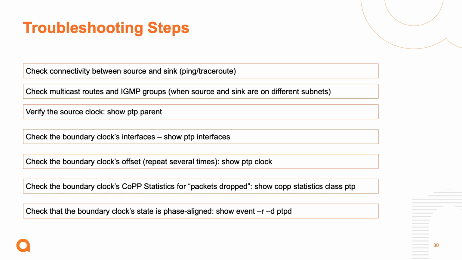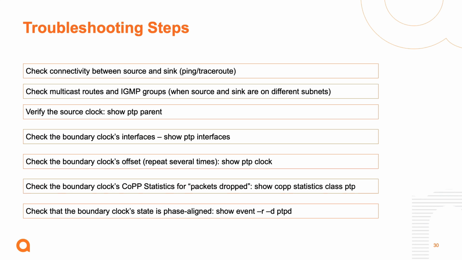That will give you an idea of how well your boundary clock is synchronizing to its own source or its own reference clock. Take the COPP statistics for packet drop, and finally check if the boundary clock's state is phase aligned. We'll get to that in a second, and I'll tell you what that means now.